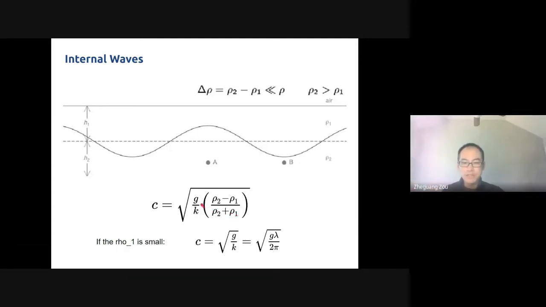So you have the surface wave speed, but multiplied by a very, very small ratio. This is why C decreases quite a lot. So we see the very slow motion of interfacial waves for internal waves. These waves are in slow motion, so they usually have a longer time scale than the surface wave, and they can also have a bigger spatial scale.